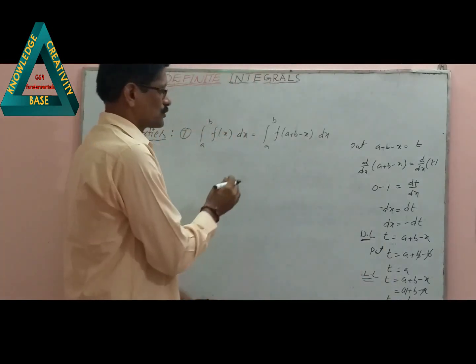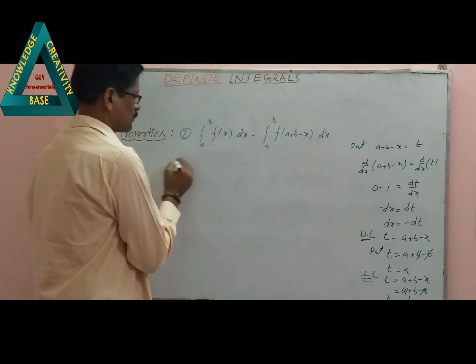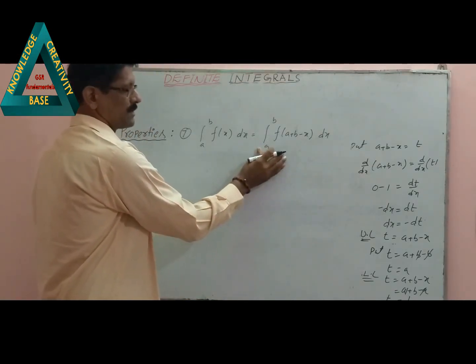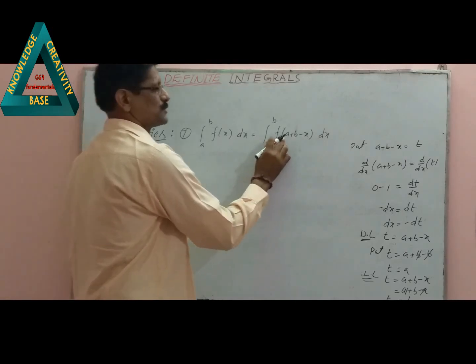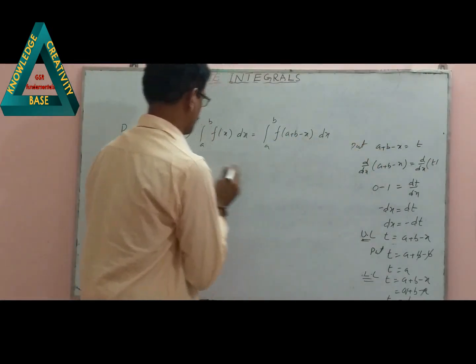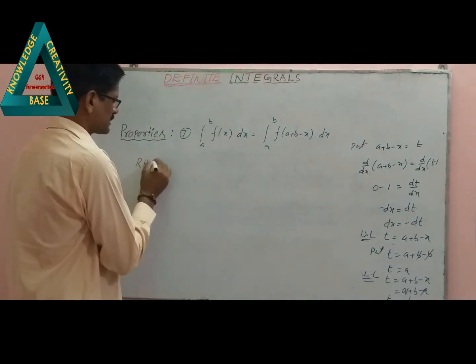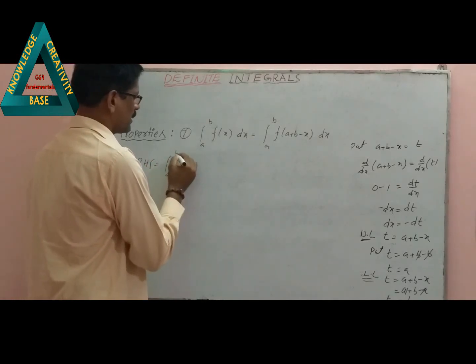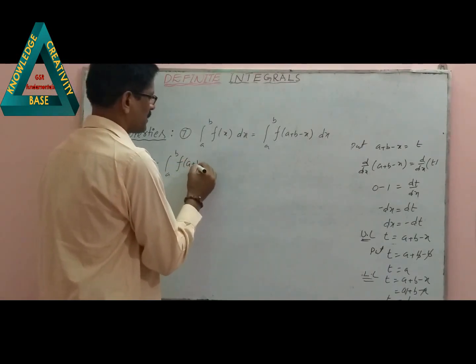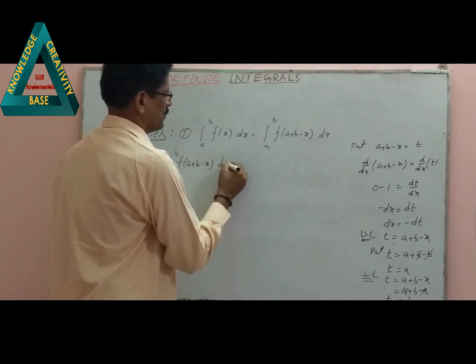Now take the RHS. Why take the RHS? Because of our substitution a plus b minus x is equal to t. RHS is equal to integral a to b f of a plus b minus x dx.